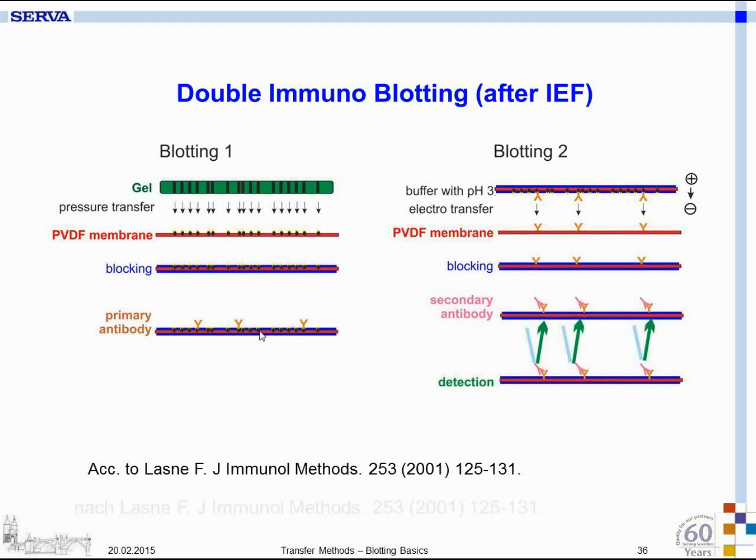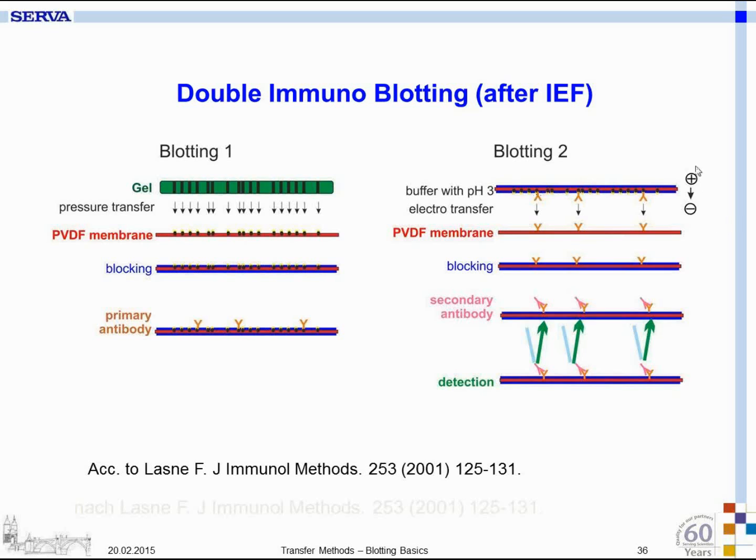So the blotting membrane is placed into an acidic buffer. And you know at pH 3 you can open up again the immunocomplex. So the antibodies separate from the antigens again at this low pH.